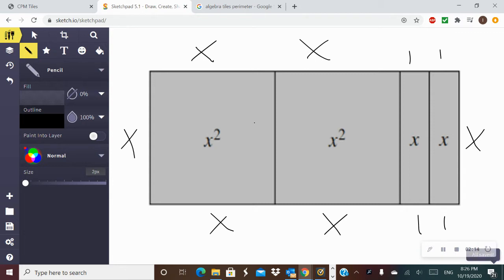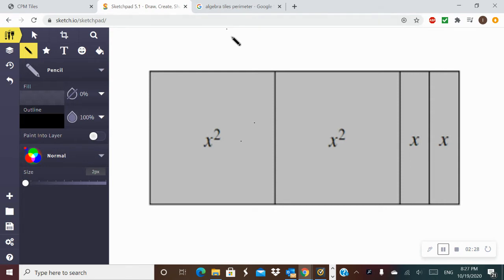So we have 6x plus, how many ones are there? 1, 2, 3, 4. So we have 6x plus 4. So our answer is going to be 6x plus 4.